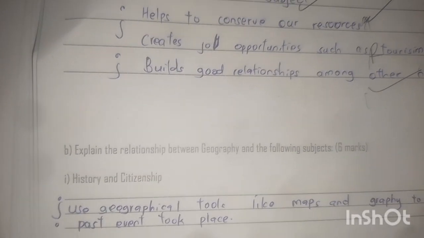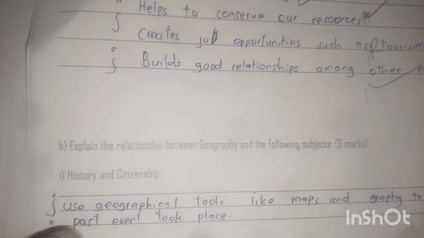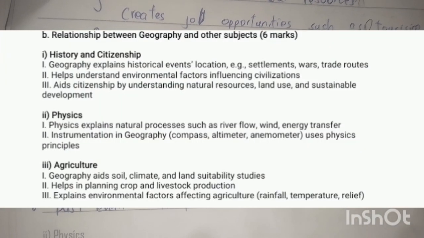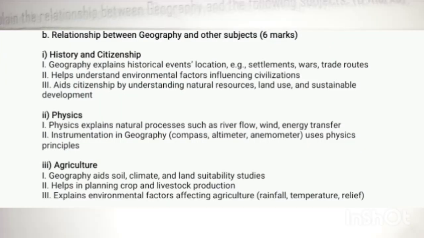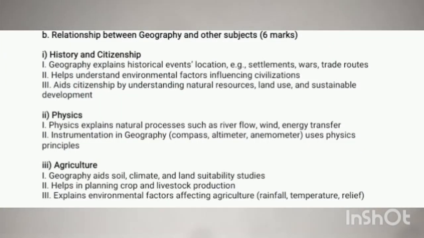Explain the relationship between geography and the following subjects: history and citizenship. So we realize that history deals with the study of past events. So geography helps to put into perspective the spatial location of those past events. Let's say World War One, World War Two, where did they occur?